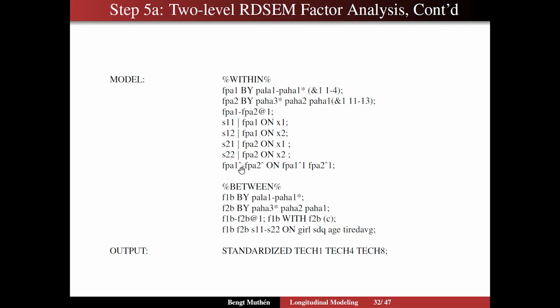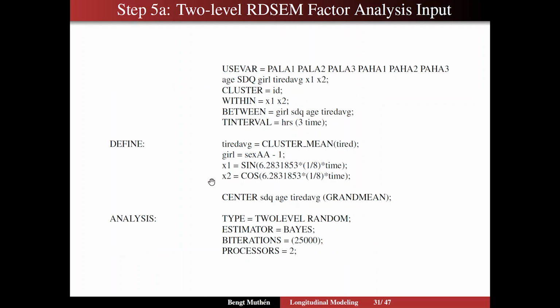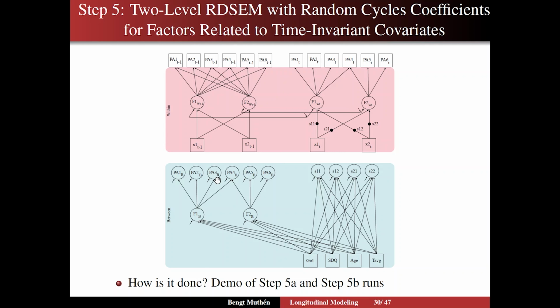And same thing for PA2 on PA1. And we even have the crossed relationship. So PA1 can be regressed on PA2 and vice versa. So what I'm looking at are these relationships here, these residual relationships.